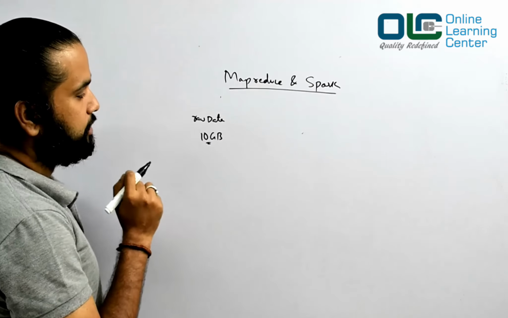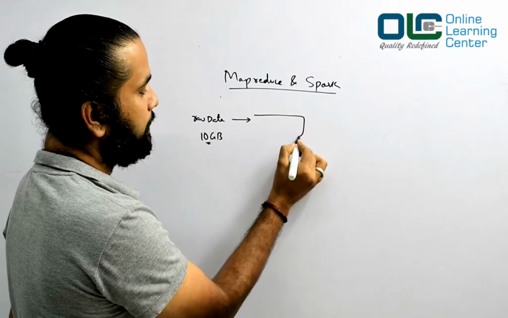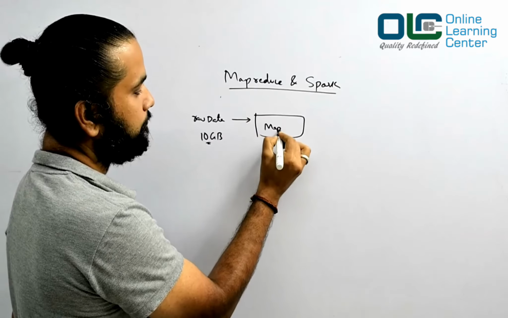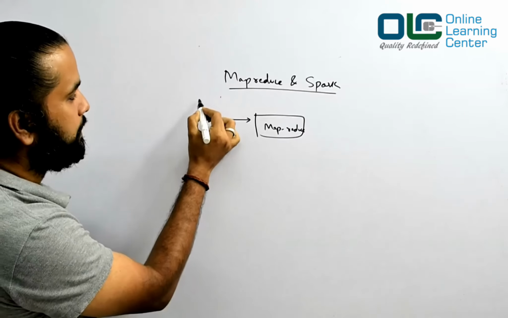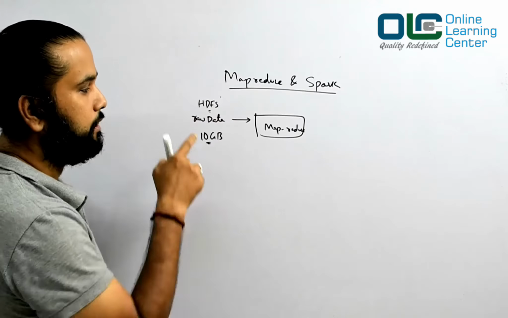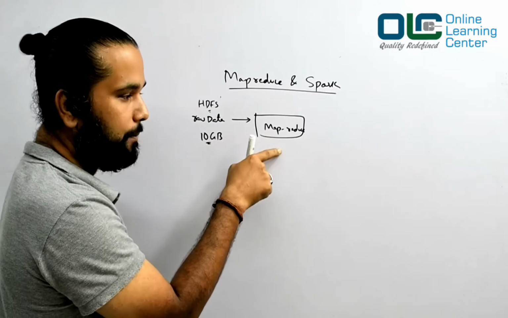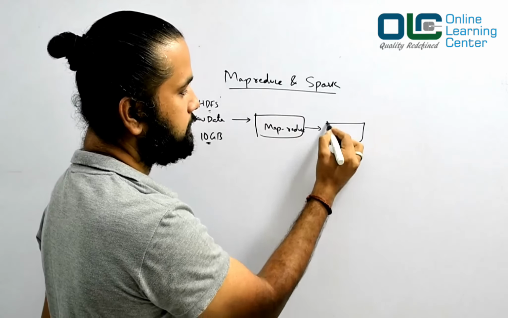Earlier we used to write a MapReduce job, and this 10 GB of data would reside in HDFS. The output of this MapReduce job was written back to HDFS.